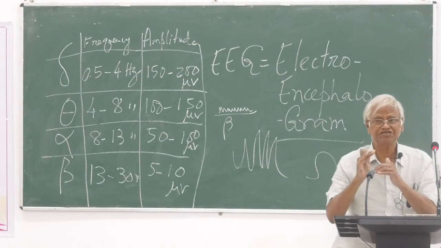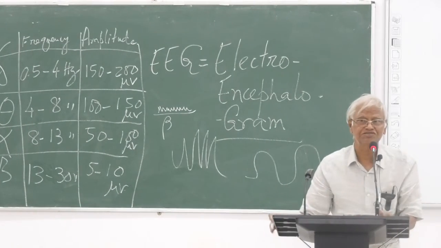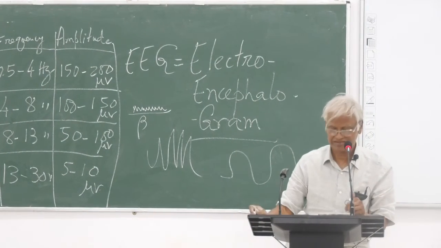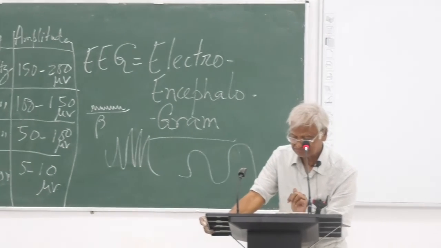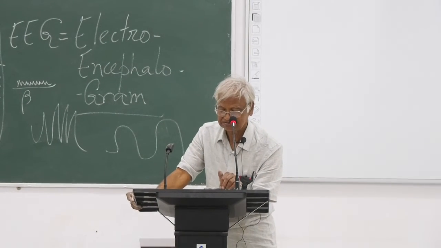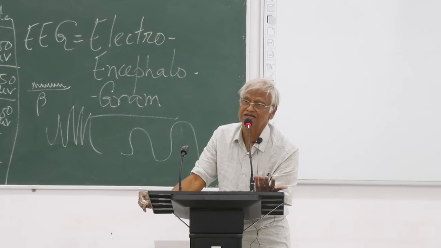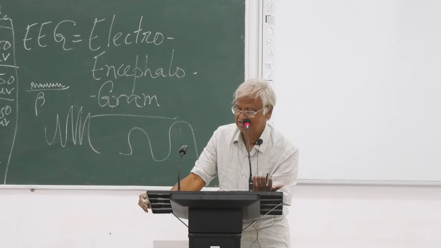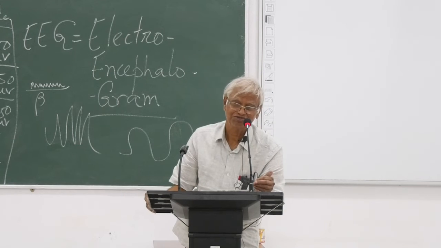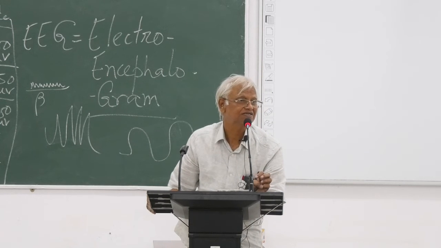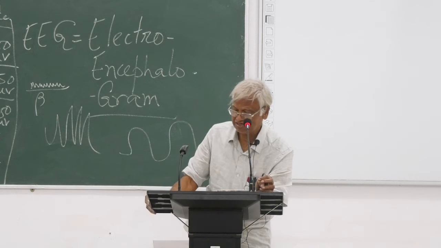Alpha: frequency a little less, quite less, amplitude is taller, microvoltage is more. So beta wave is when you are awake. During sleep also, you may find beta wave. When? I will talk about that a little later.